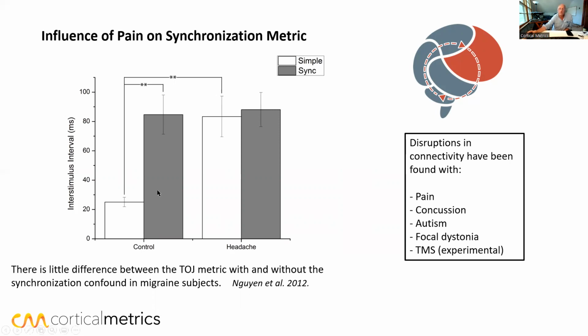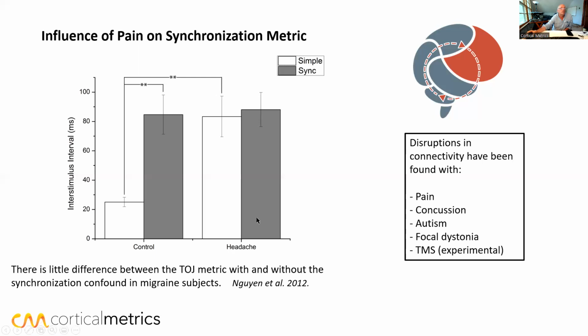So with that TOJ carrier stimulus, it got much, much worse. TOJ, 25-ish milliseconds; TOJc goes up to well over 80. So that really shows that the controls showed a big difference.